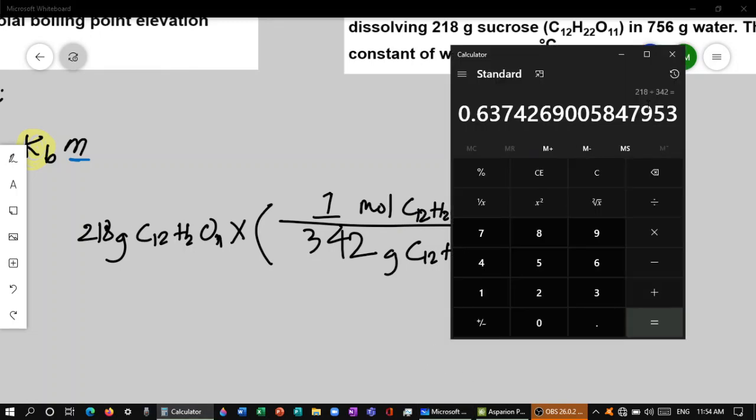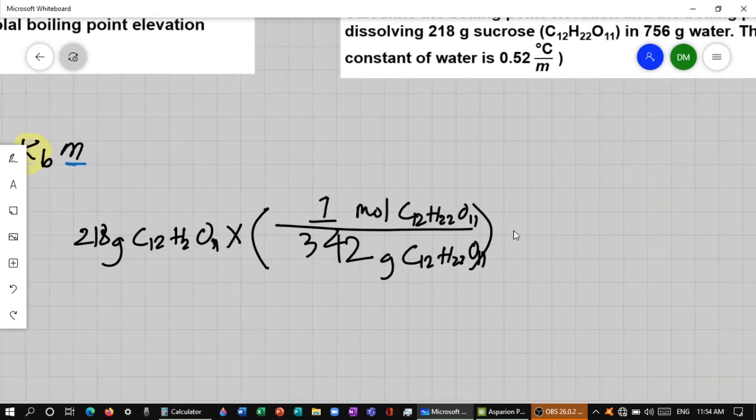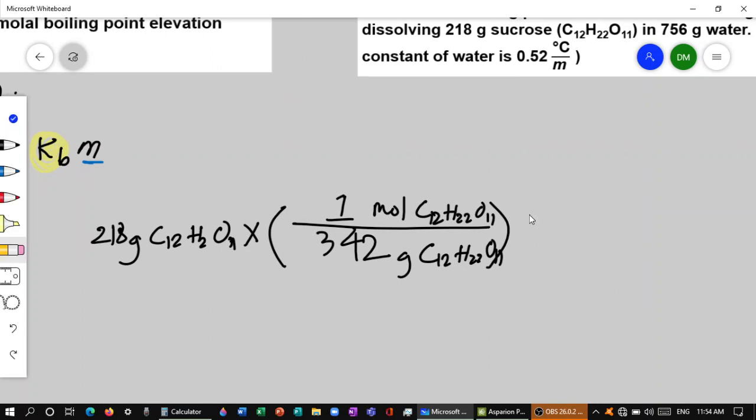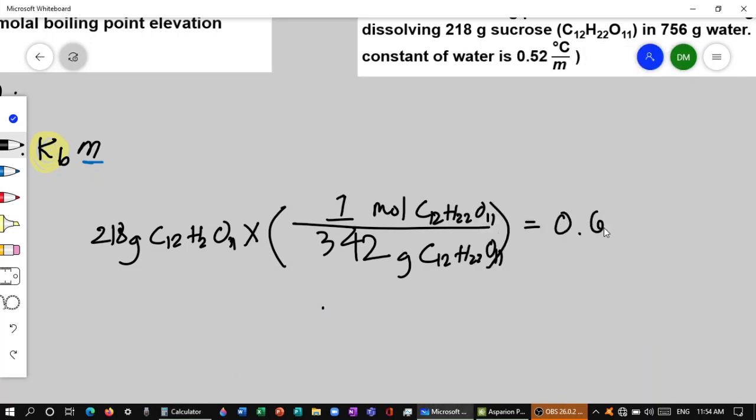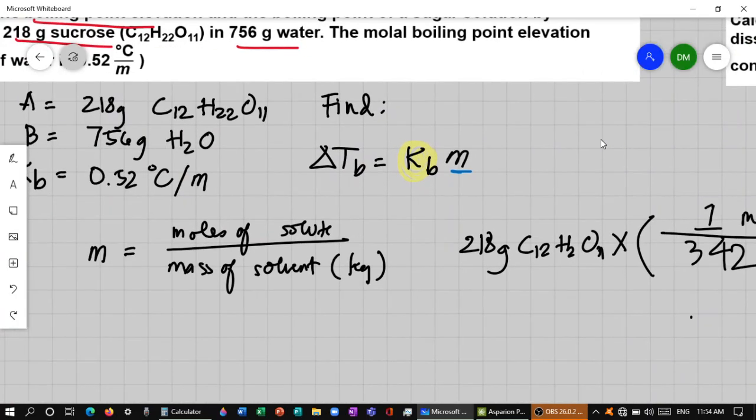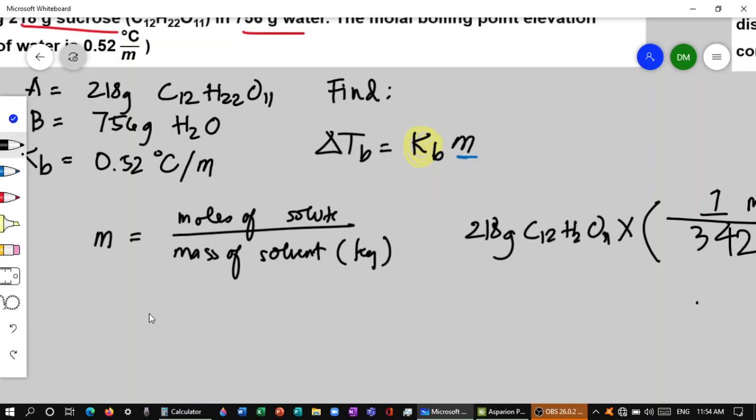Let's check that one. 218 divided by 342. Again, it's equal to 0.64 moles. Let's continue finding the molality of the solution. Again, the moles of solute is equal to 0.64 moles.